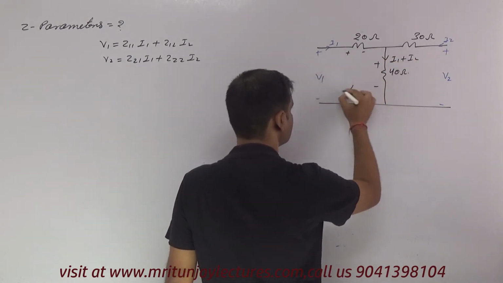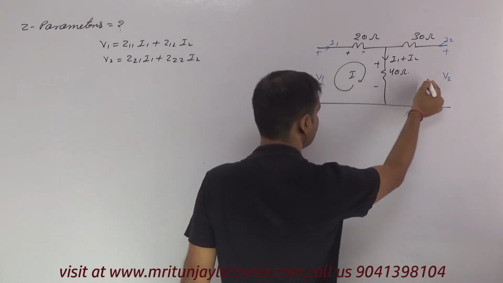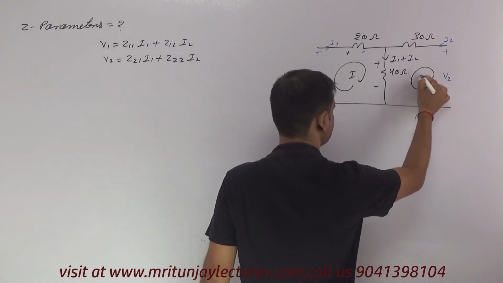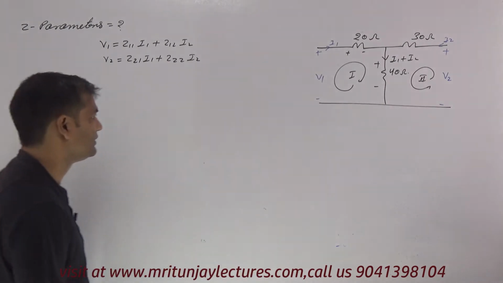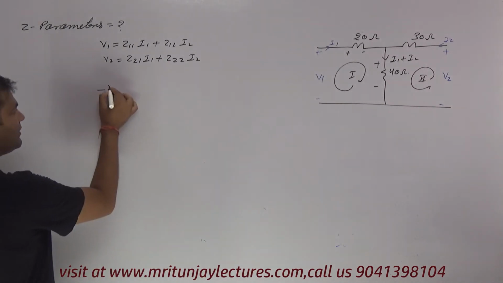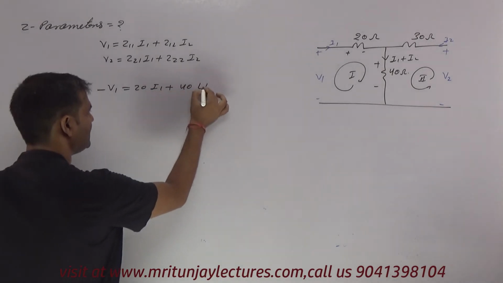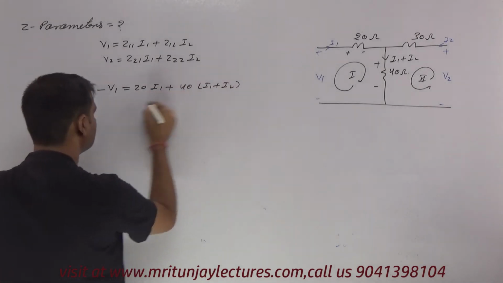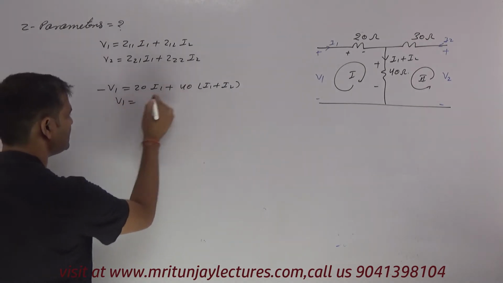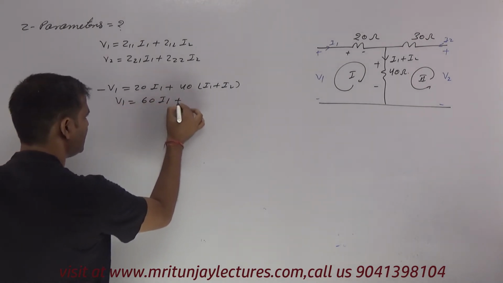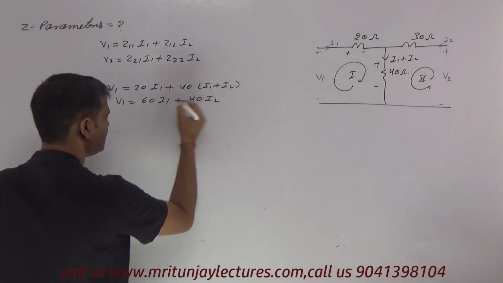Follow this if the circuit is easy, otherwise follow the first method, the conventional method. So minus V1 plus 20 I1 plus 40 into I1 plus I2. So V1 is 60 I1 plus 40 I2, very simple.